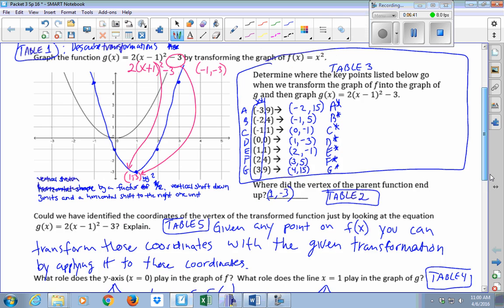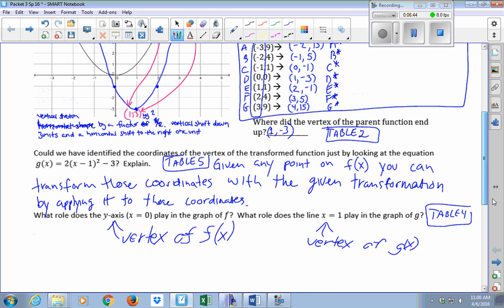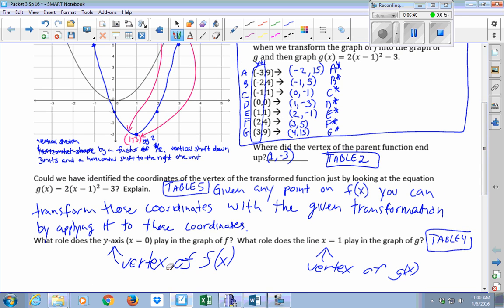Let's see what else we have to talk about. I think the answer that table 4 gave here was the role of the x coordinate, not the line. I agree that the x coordinate of 0 is part of the vertex of the original function, and x being 1 is part of the vertex of the transform function.